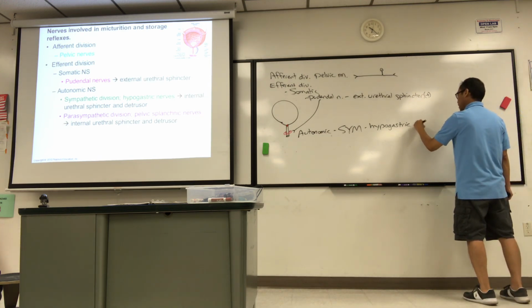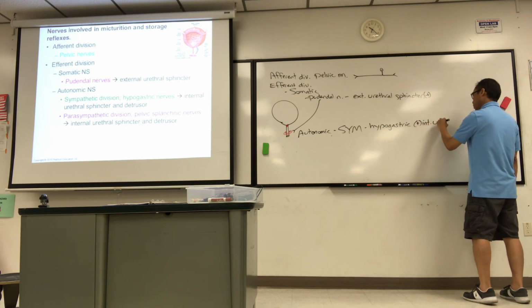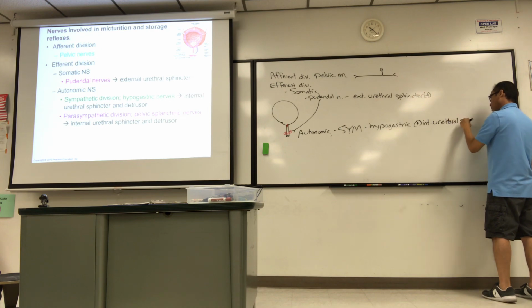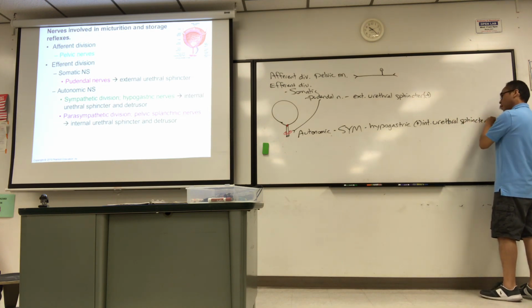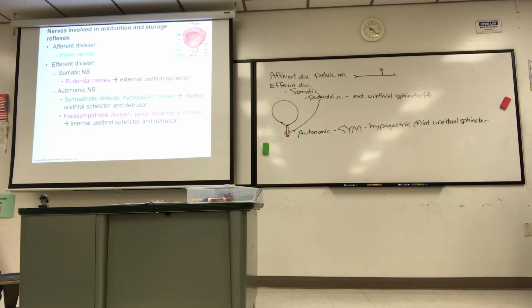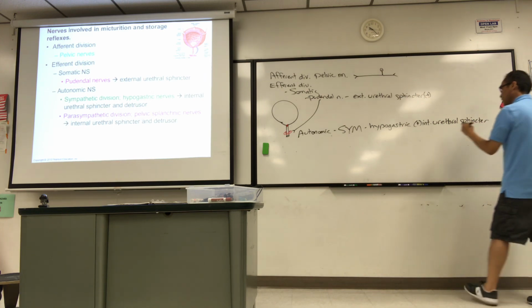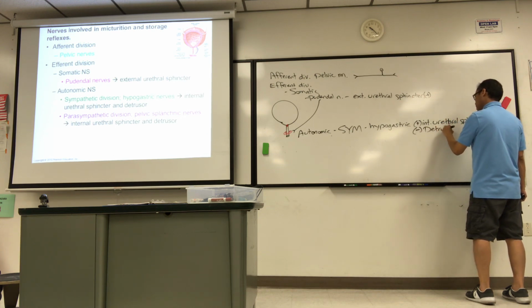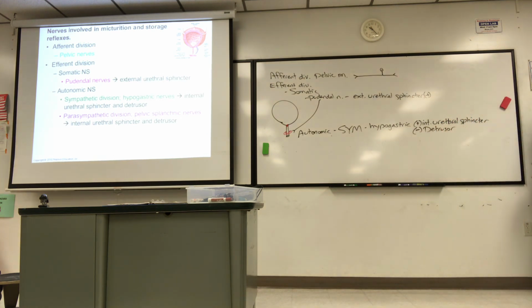I'll put a plus sign, internal urethral sphincter, and you inhibit detrusor. So I'll put a negative sign, detrusor. So if you think about that, nerves that close off a sphincter and inhibit the muscle that empties the bladder, that'll help you hold it in. Okay, so I'll even write, just hold it in, to speak simply about that.